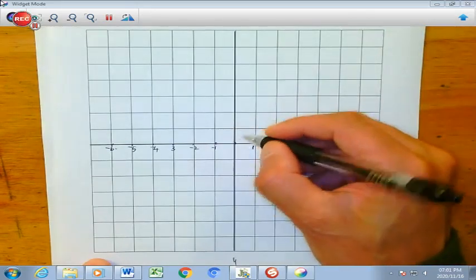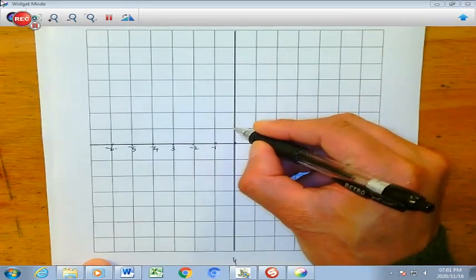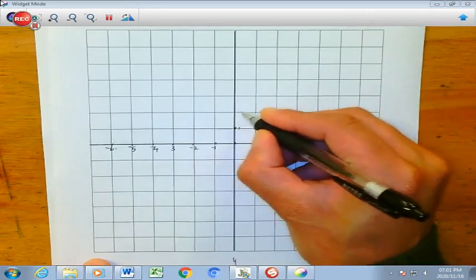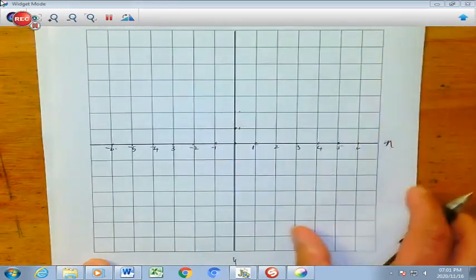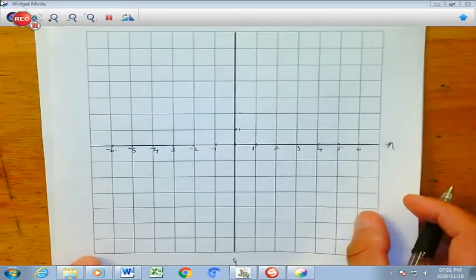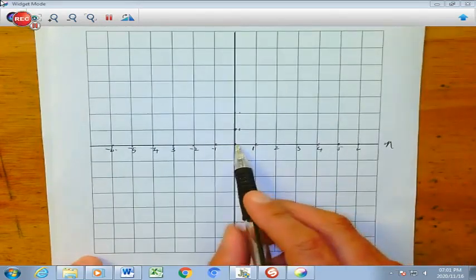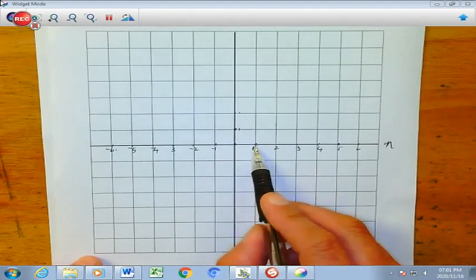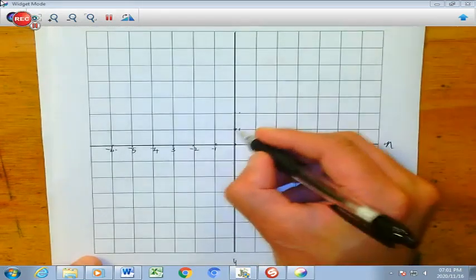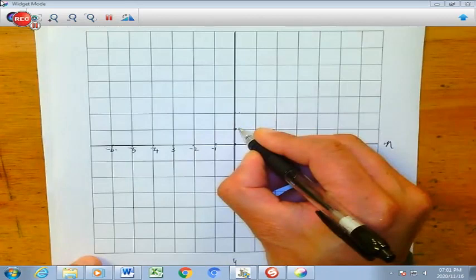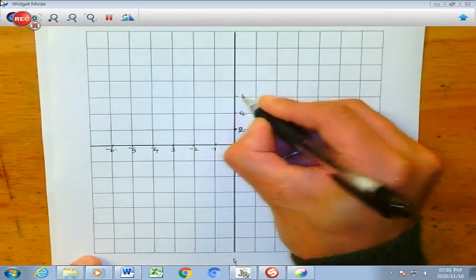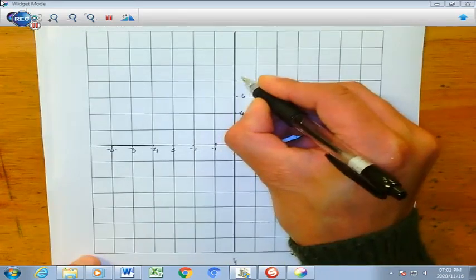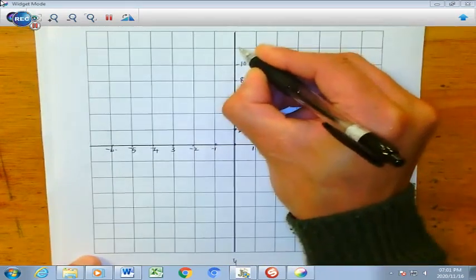And then we can have 1, 2. If you look at your graph, you can have a scale of values which would be 1, 2, 3, and you can actually have values like multiples of 2, 2, and then 4, and then 6, and then that would be 8, 10, then 12.